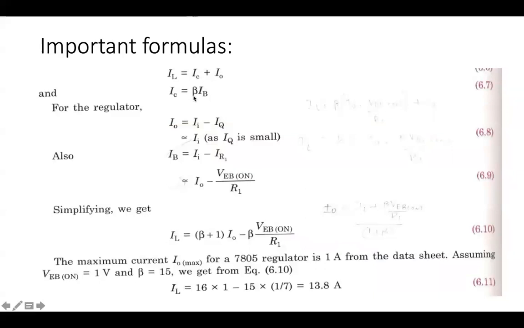Beta is again dependent on many factors such as mu, COX and W by L, right? When I say mu and COX, mu is nothing but the mobility concept, and COX is the oxide capacitance, right? And W by L is nothing but the width and length of the transistor.